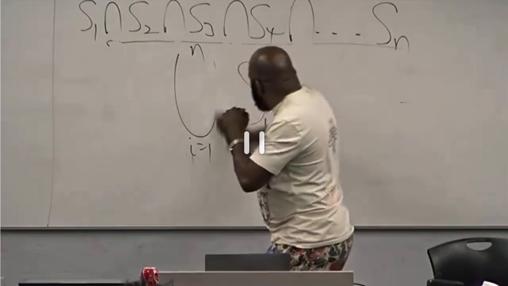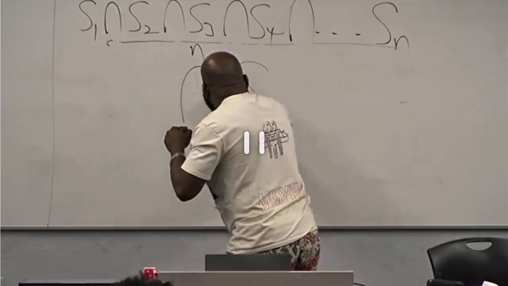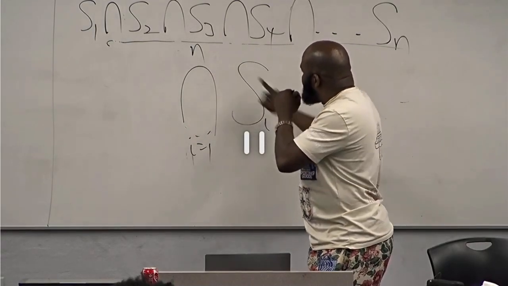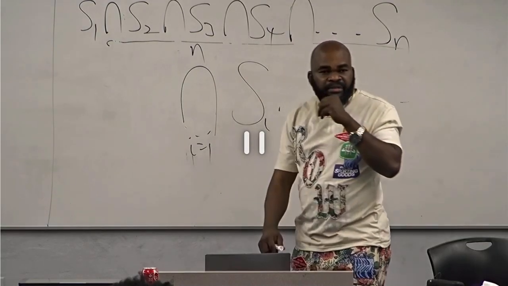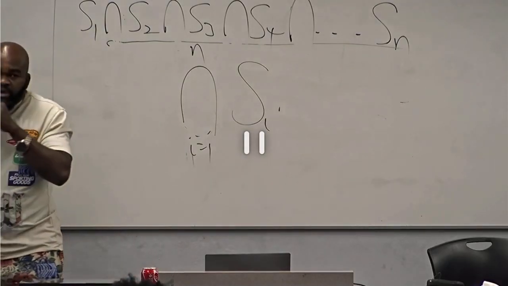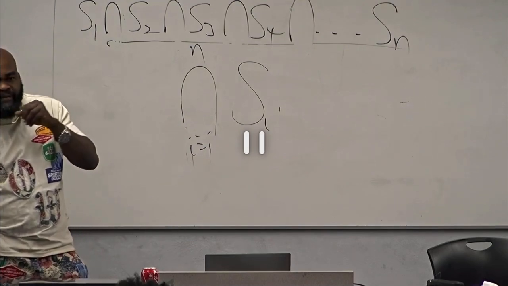The only thing I'm going to do is change this symbol. Can you see that? So this is the shortest way of writing this, which means we want to focus on what is common between all the sets together.